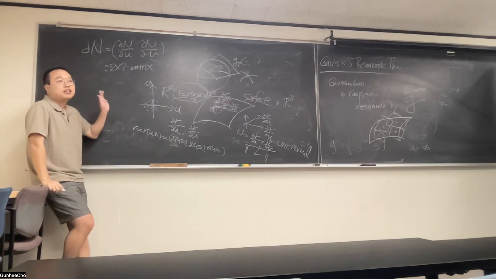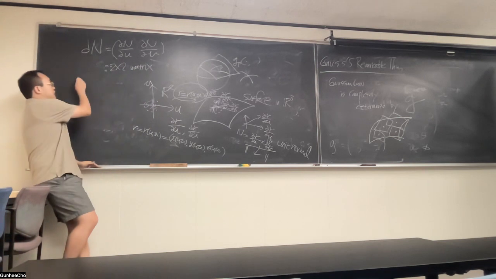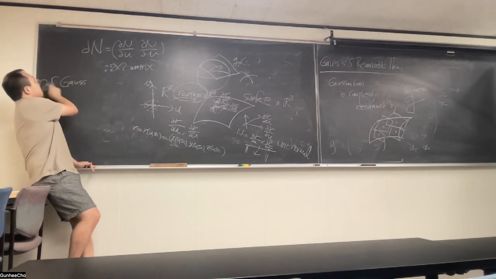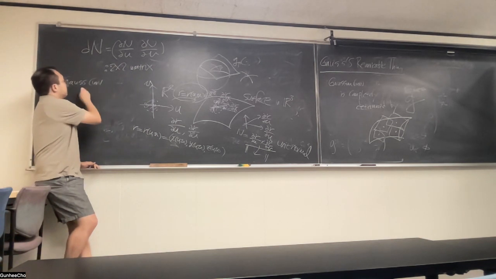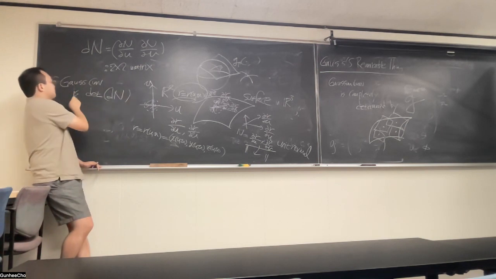And let me now give you the rigorous definition of the Gaussian curvature, not without the intuition. So Gaussian curvature, this is in fact the real definition, is the determinant of n. This is the definition.